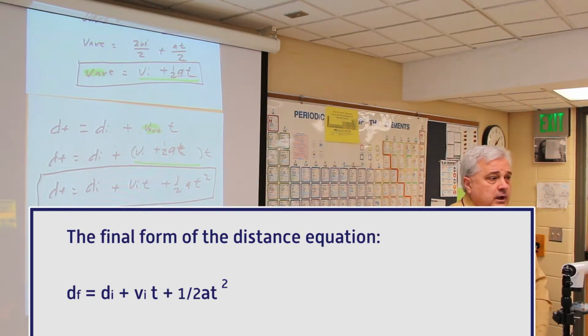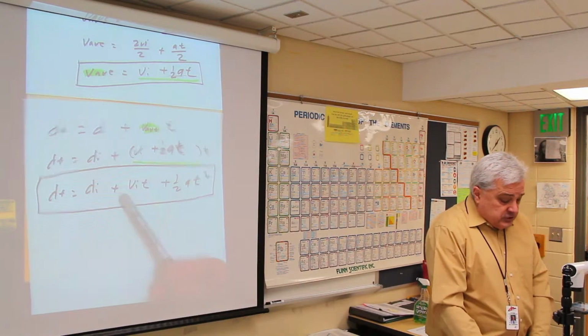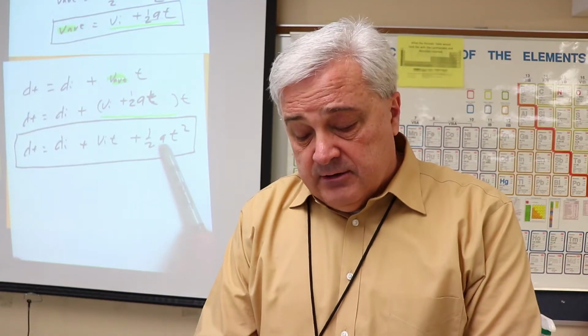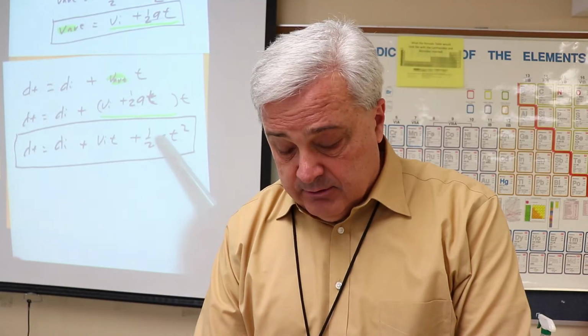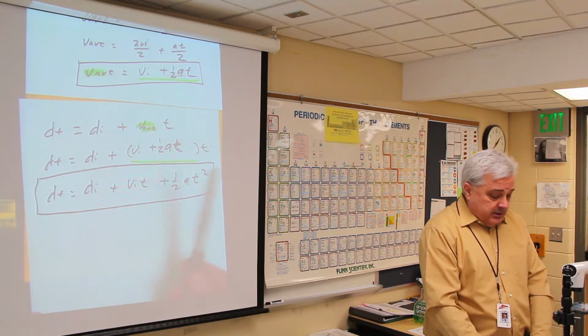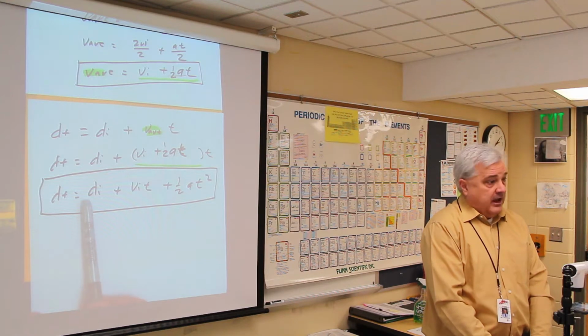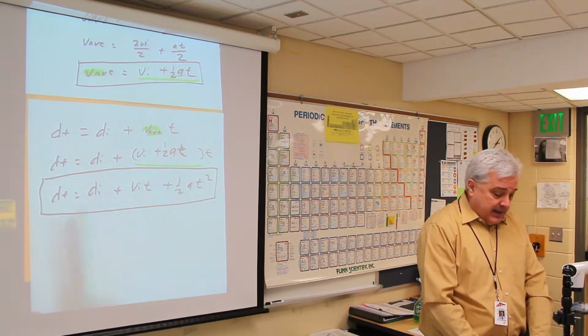This is the only equation we're going to need in order to solve where something is. If there's no initial velocity, this term becomes 0. If there's no acceleration, this term becomes 0. So if there's no velocity and no acceleration, how far is something from the reference point? That's it, d sub I.